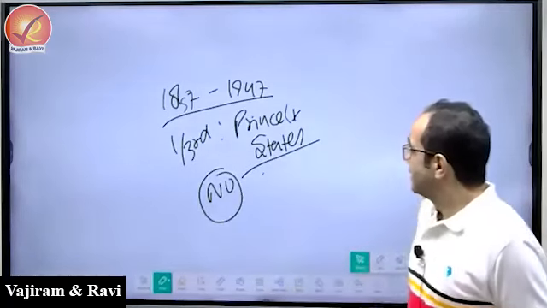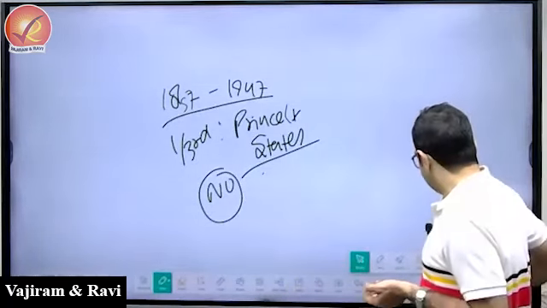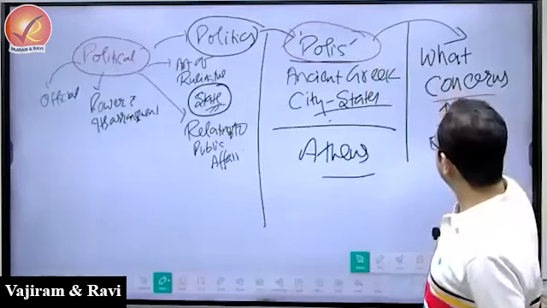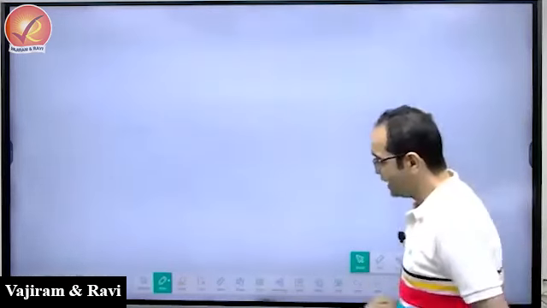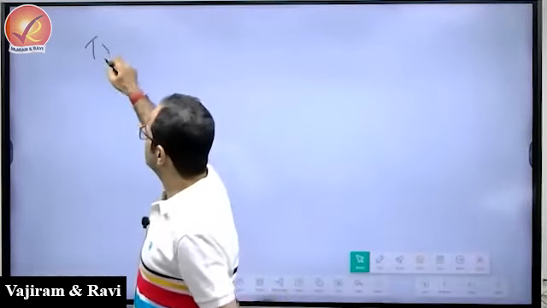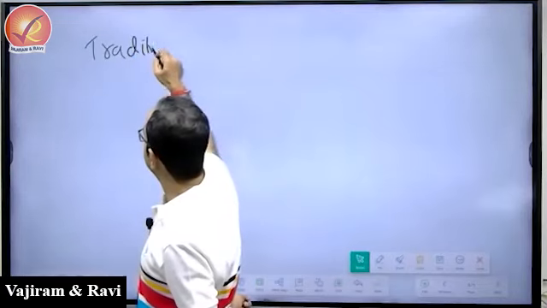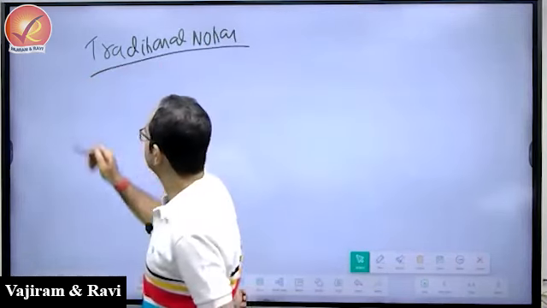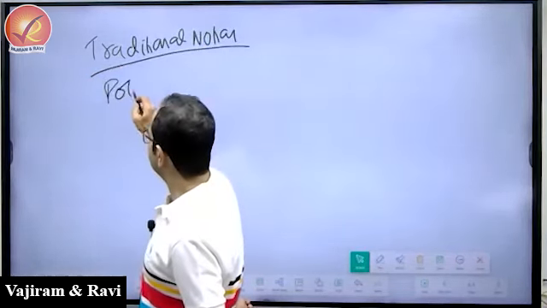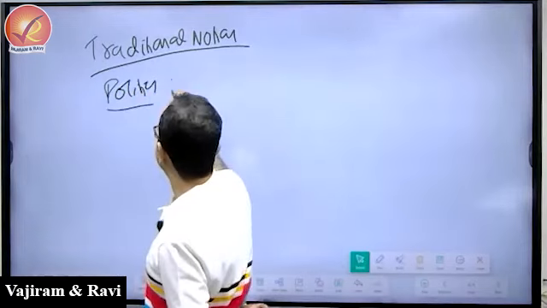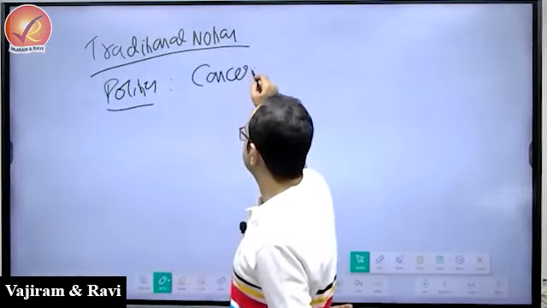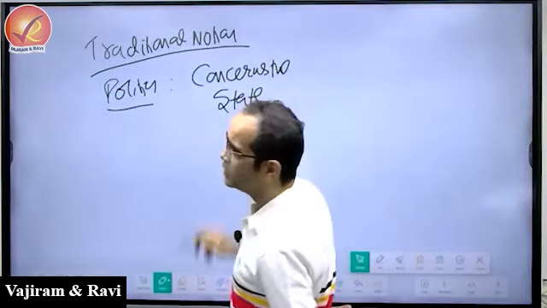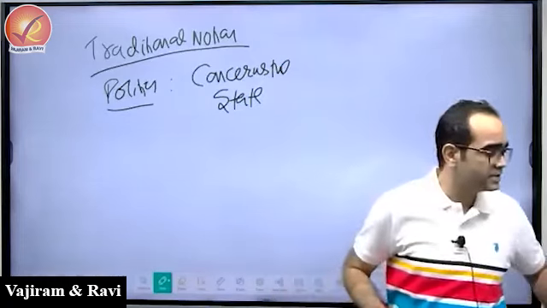Okay. Now, here we discussed in the beginning that it consists of what concerns the state, and the traditional notion of politics is that politics is concerned with the state. That is why it is called so.